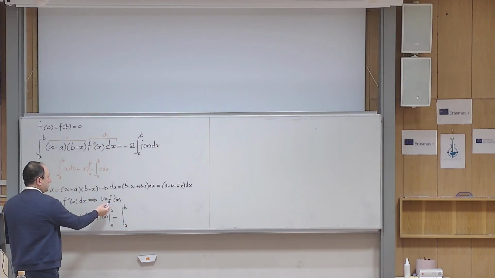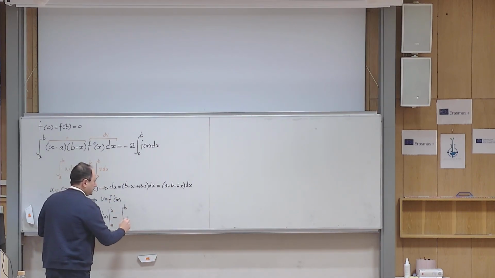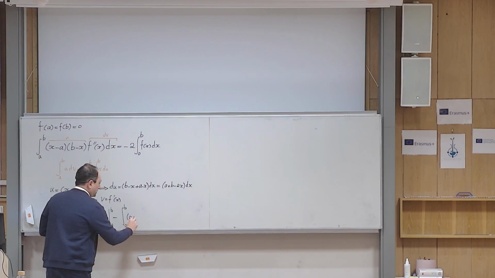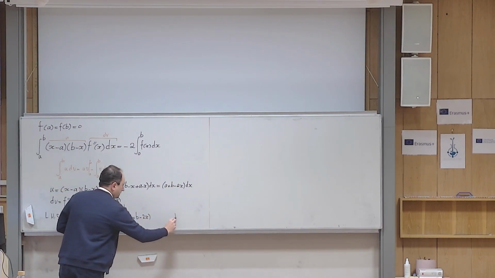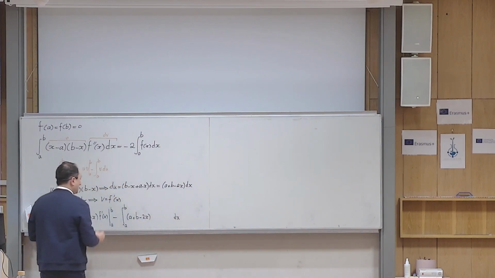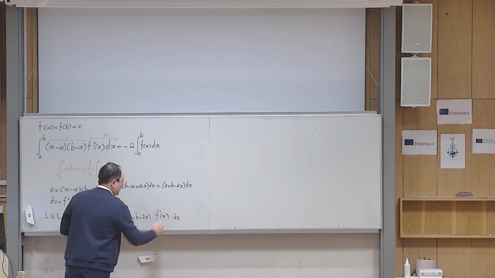So this is v, and this expression is du. So if I want to write them in order, if you don't mind, let me write a plus b minus 2x first, and put dx here. This is my du, and this is my v. So it becomes f prime of x.